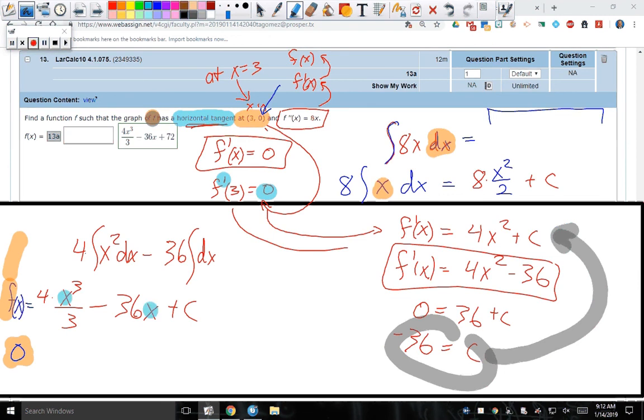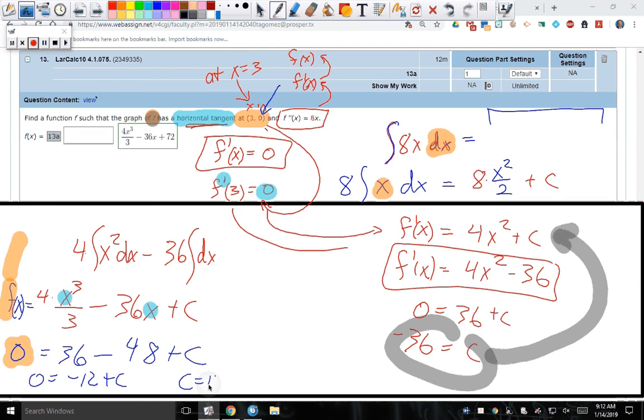So 3 will go here and 3 will go here. Okay, so 3 cubed is 27 divided by 3 is 9 is equal to 36 if you multiply it by 4. And then 3 is 18, 48. So 36 minus 48. Negative 12, right? So C is what? 12.